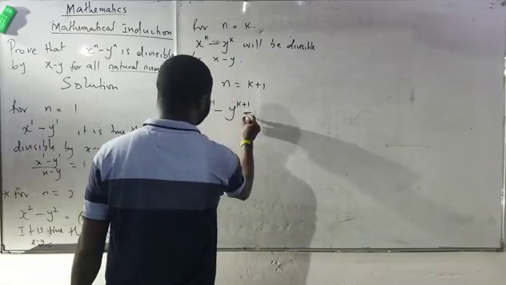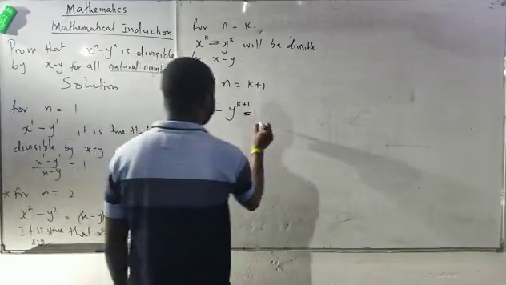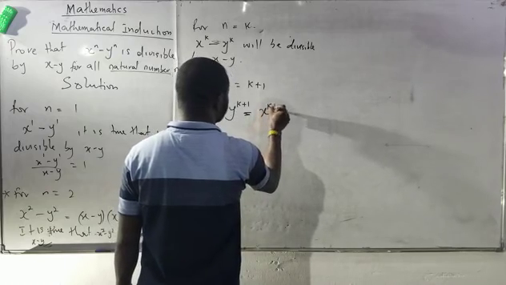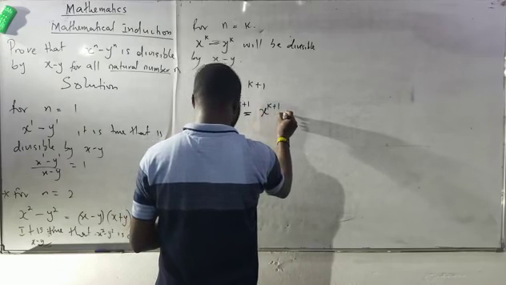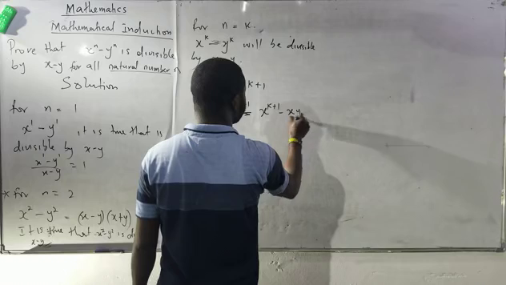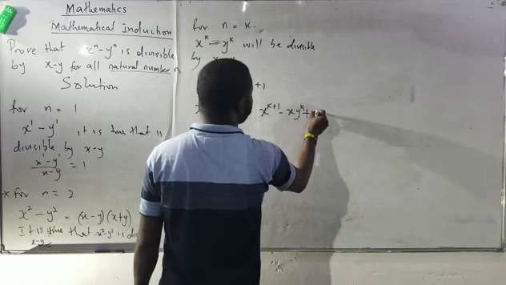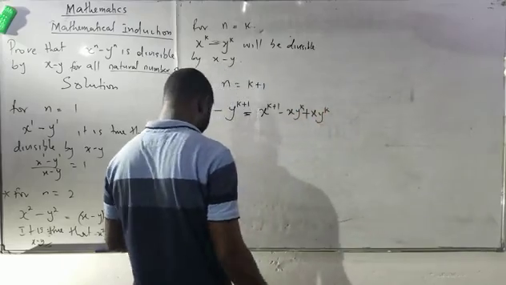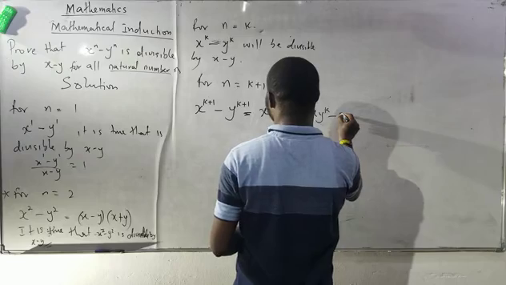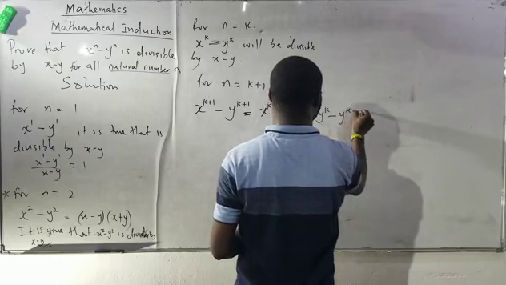Take note of this, very important. I can express this as x raised to power k plus 1, minus x y raised to power k, plus x y raised to power k, minus y raised to power k plus 1.